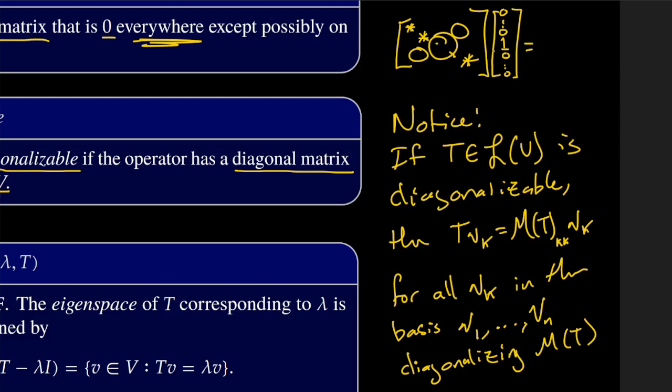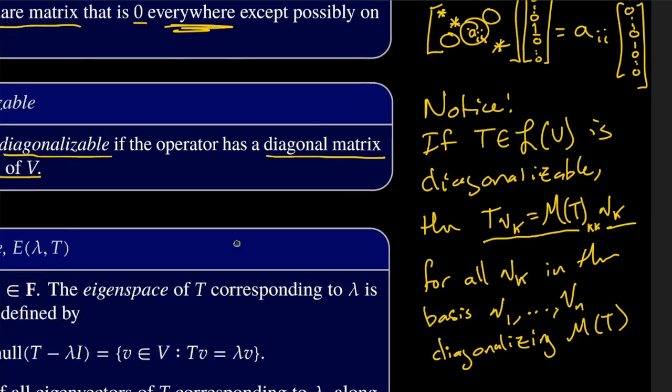So whatever the entry is, let's call it a_ii, you'll just get back a_ii times this thing here. In this sense, diagonal matrices are extremely nice because, with respect to the basis elements, the operator acts just like multiplication, the simplest possible linear map: scaling.